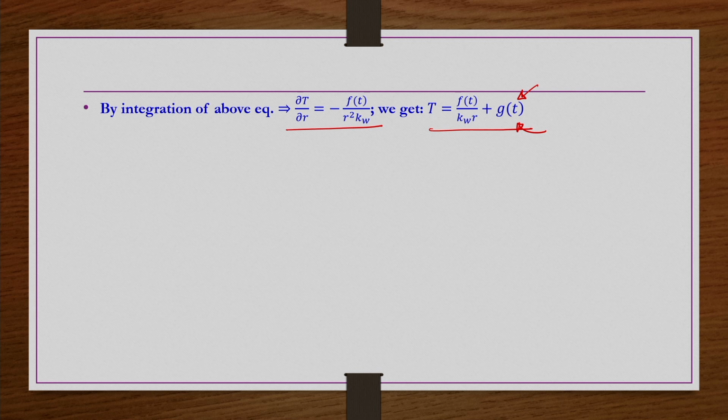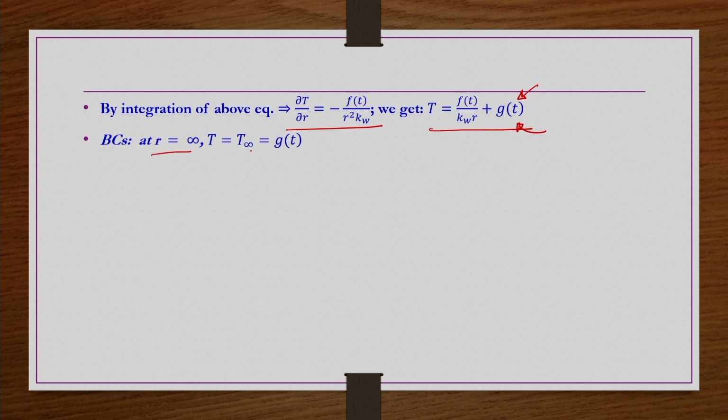At the surface the temperature is known, and far away from the crystal surface, at r equals r infinity, the temperature is also known, that is given. So at r equals r infinity, T equals T infinity. If r is infinity, 1 by infinity is 0, so the first term is gone, and T infinity equals g of t.